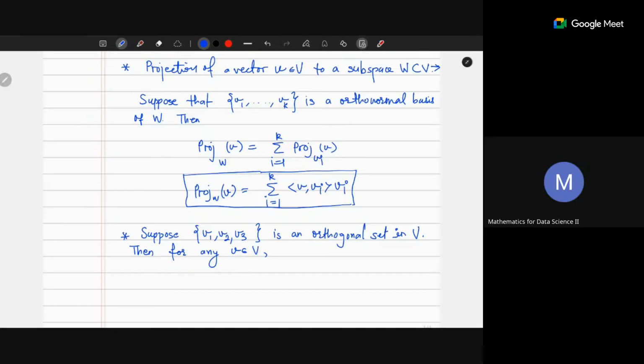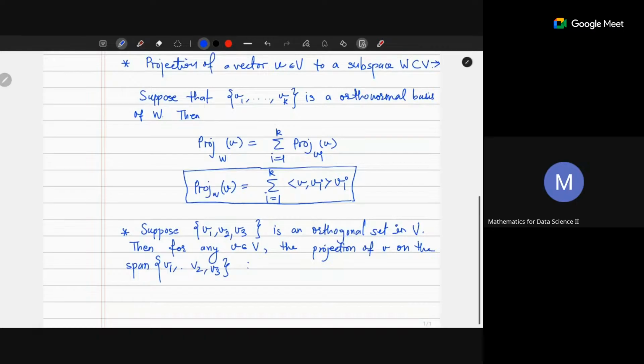So the projection of V on the span of these three vectors is going to be just the sum of the projection on the individual vectors.